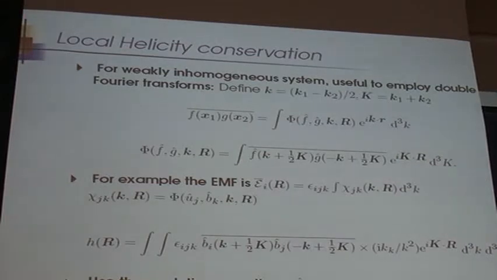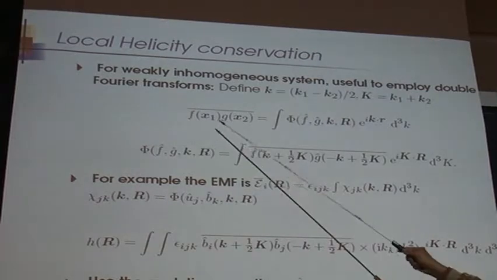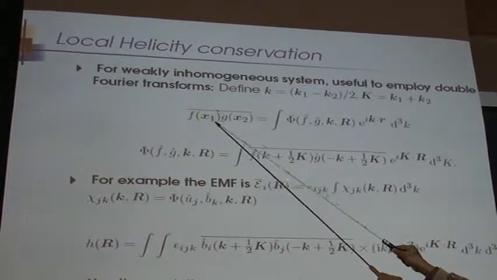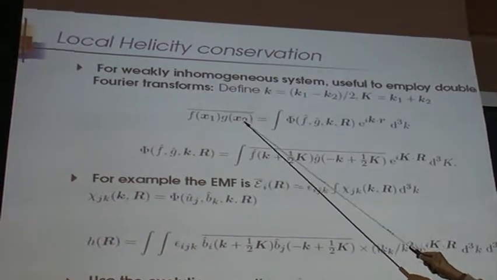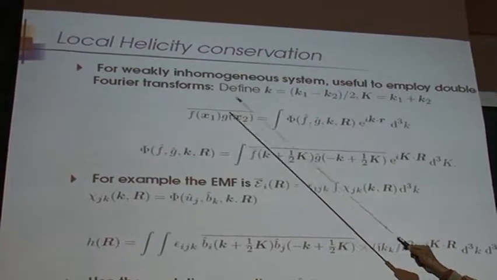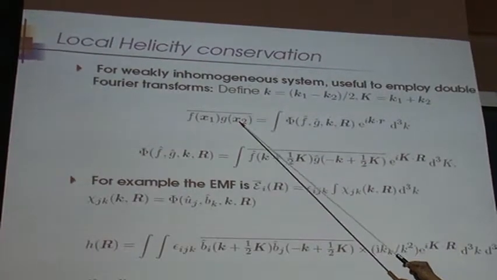Actually, the first paper where I have seen this being employed is a paper by Roberts and Soward. There may be earlier papers on this. And the idea is fairly simple. If you have any correlator like this, f of x1 times g of x2, you Fourier transform both in x1 and x2. So you have a k1, which is the wave vector for the x1 variable, and k2 corresponding to the x2 variable.